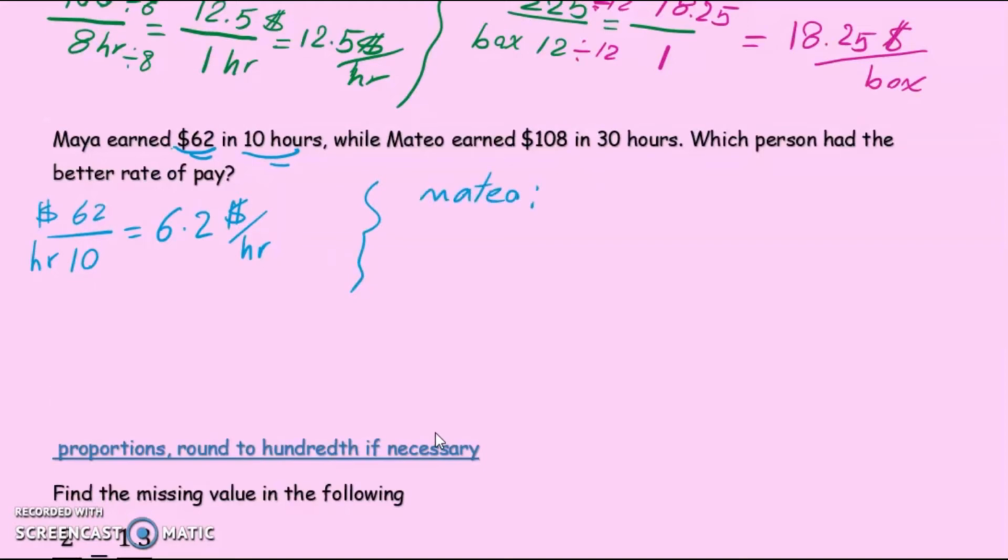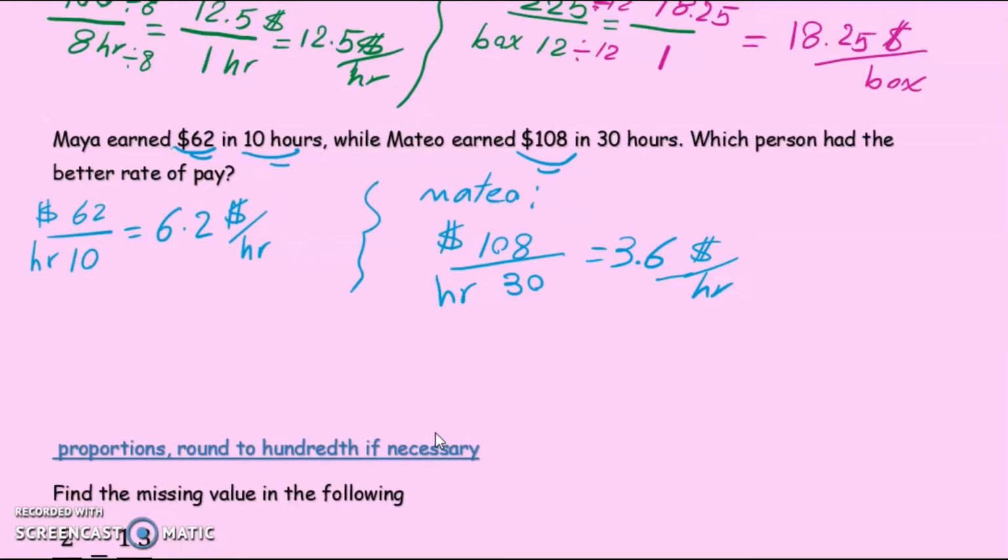For Matthew, he earns $108 in what? In 30 hours. So again, if you divide top by bottom, you will end with $3.6 per hour. Now you can easily compare which one will receive better pay.